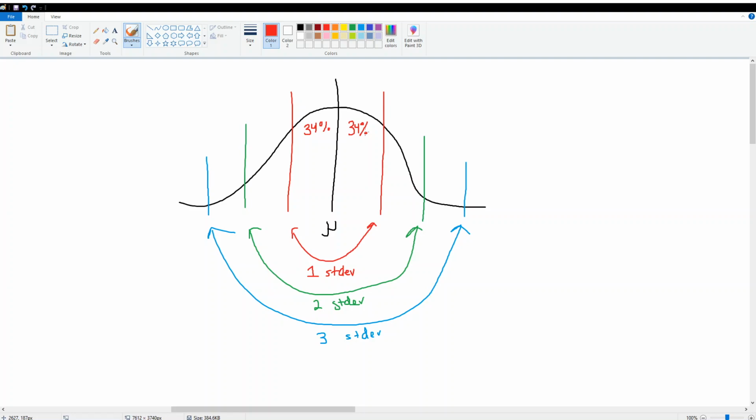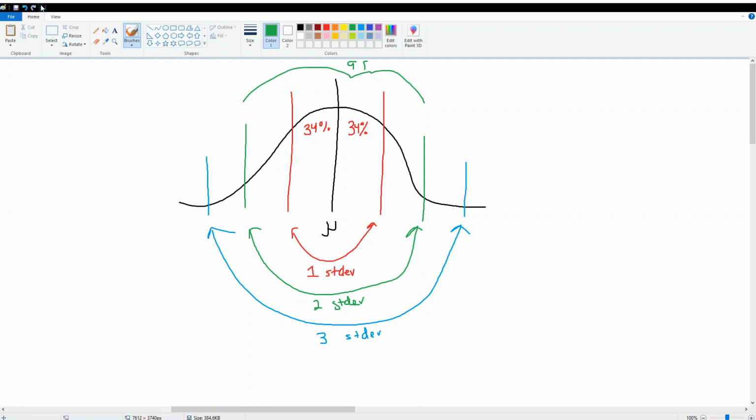Okay, now what about 2 standard deviations away from the mean? That must contain 95% of the data. So all of this must be 95%. It has to add up to 95, so we have to have equal amounts on both sides.